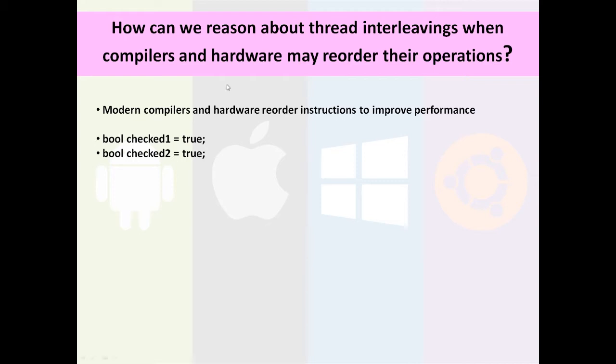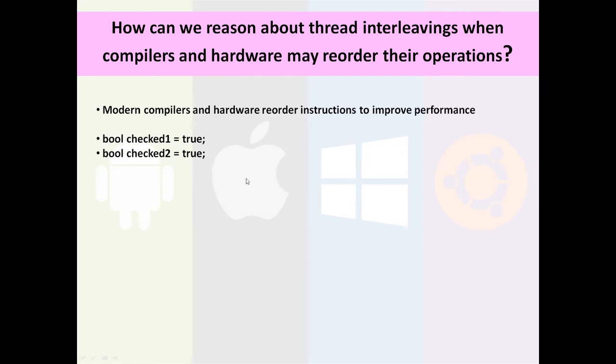So you might have a sequence of instructions or code, and because modern compilers are heavily optimized, behind the scenes when they're converting it into machine instructions, they sometimes reorder different instructions for efficiency.